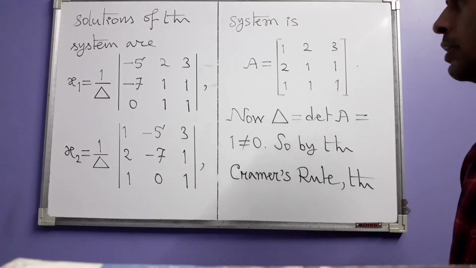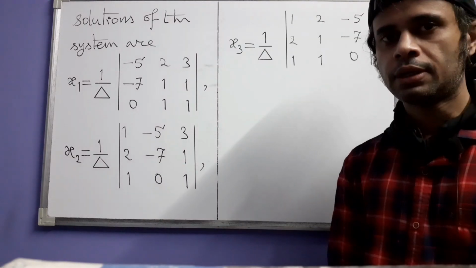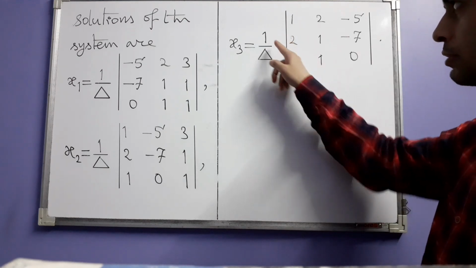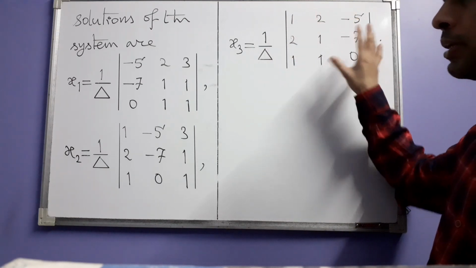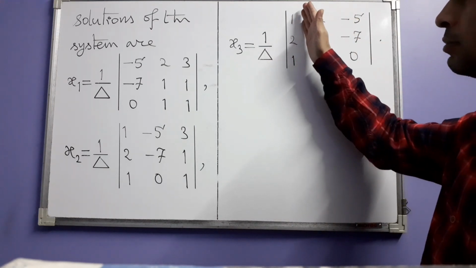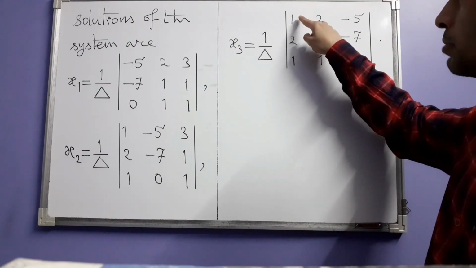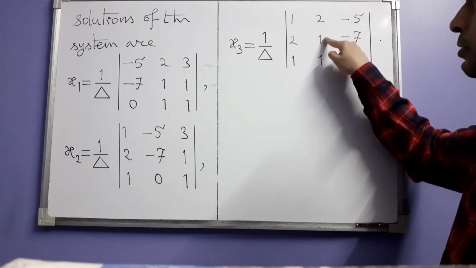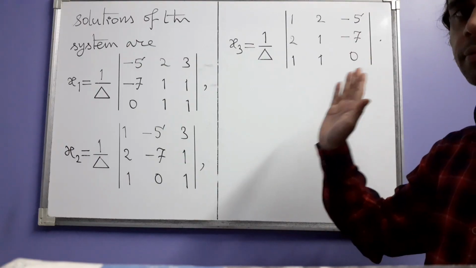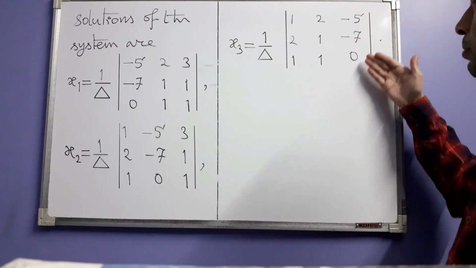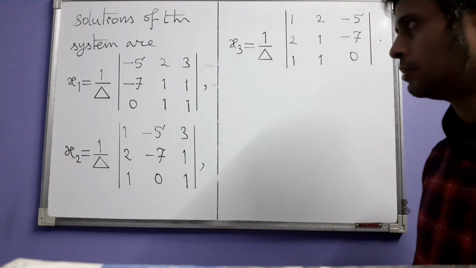And next let us see x3. And this is x3. Again 1 over delta, but here we have delta 3. If you go back and see the matrix of coefficients, the first column is 1, 2, 1 and the second column is 2, 1, 1. But the third column is replaced by these numbers, minus 5, minus 7 and 0.